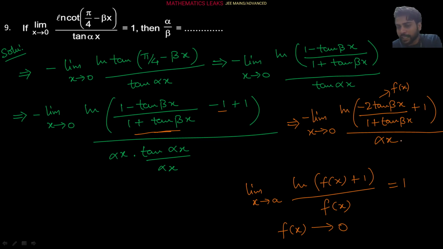So what I am saying is, to use this frequently used limit, I am going to multiply this quantity in the denominator by this one, and the same in the numerator, correct?